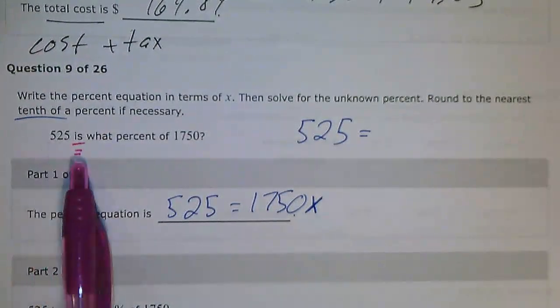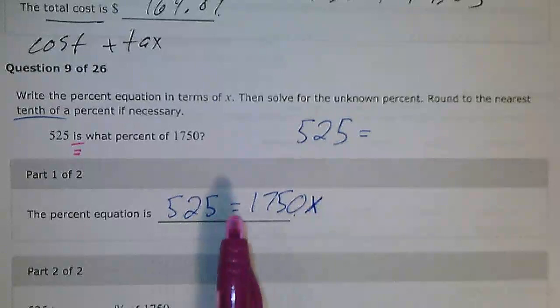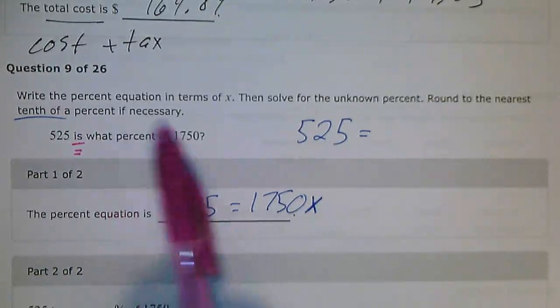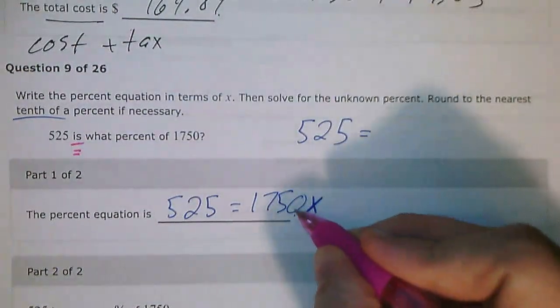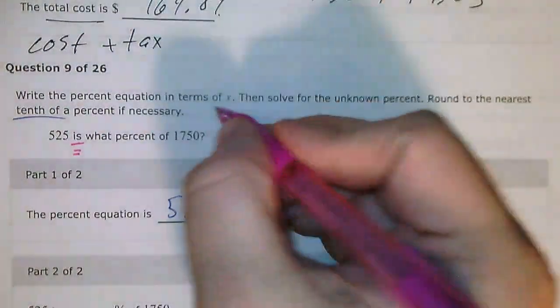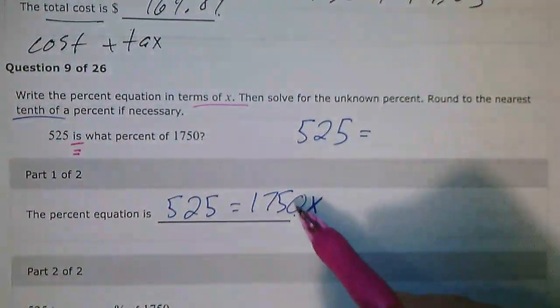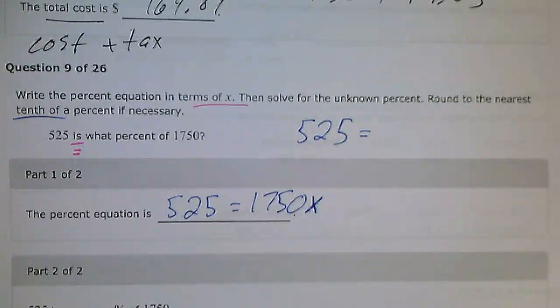So 525 is, 525 equals, and then what percent of 1,750? The percent equation is to put in x, because it tells you in terms of x. Put in x attached to 1750, set it equal to 525.